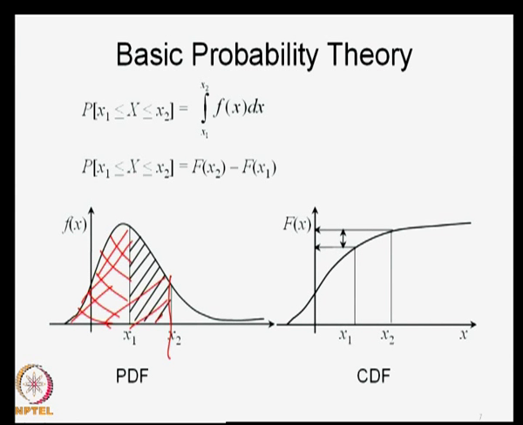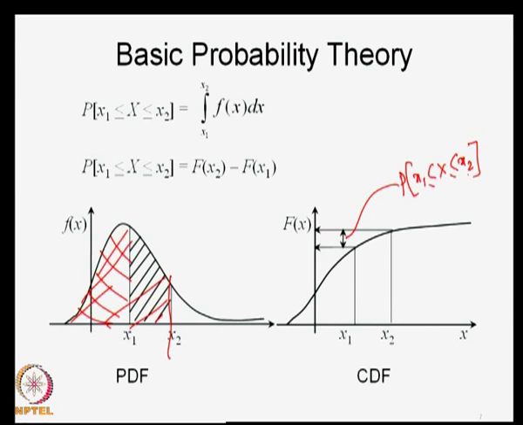So, the probability of x taking on values between x1 and x2 is simply F of x2 minus F of x1, and this is F of x2 here and this is F of x1. So, this gives the probability that x takes on values between x1 and x2. So, that is the primary concept.